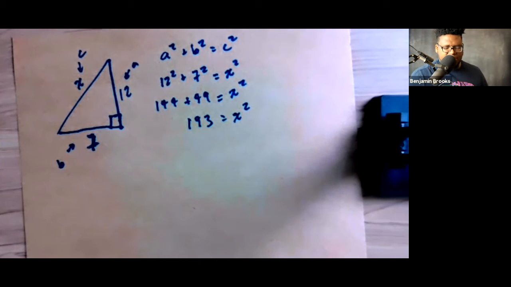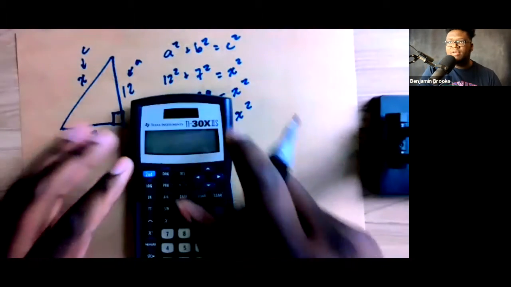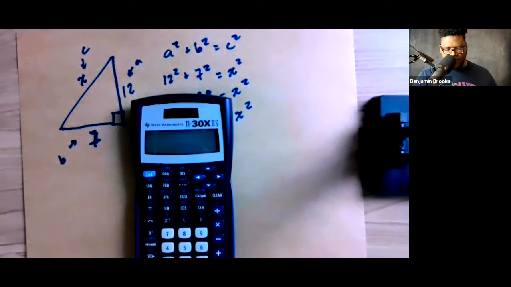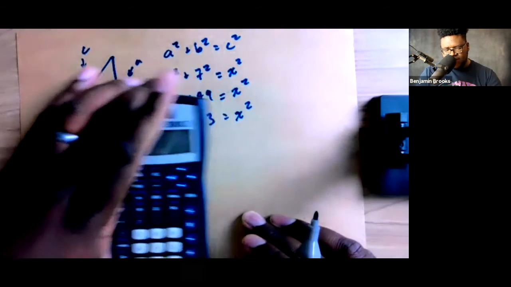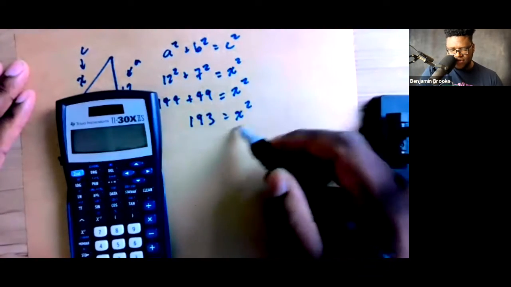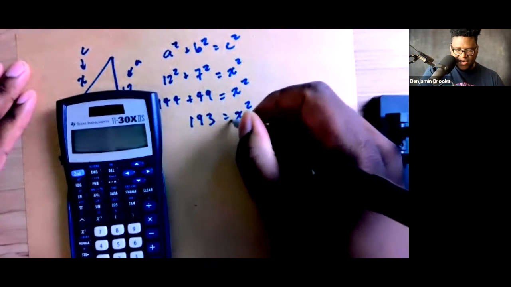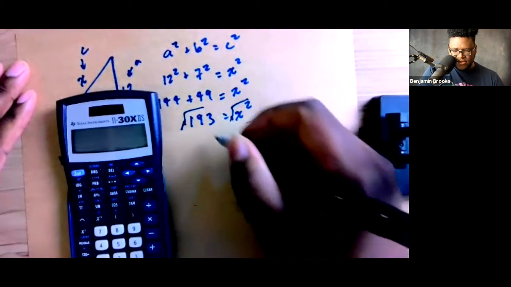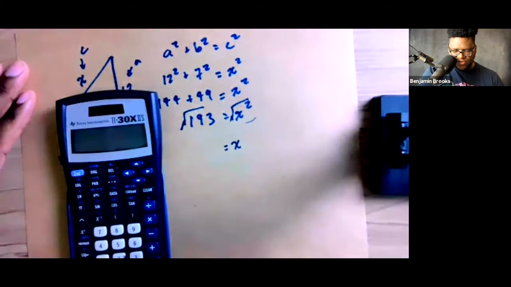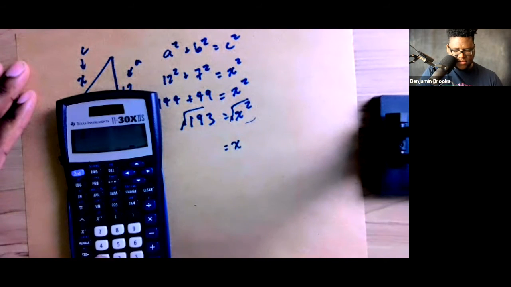So at this point, we want to solve for x. And the way we're going to do that is we're going to use our calculator here. We want to take the square root of 193, because to get rid of this squared part right here, we need to take the square root of both sides. So square root of 193, let's see.